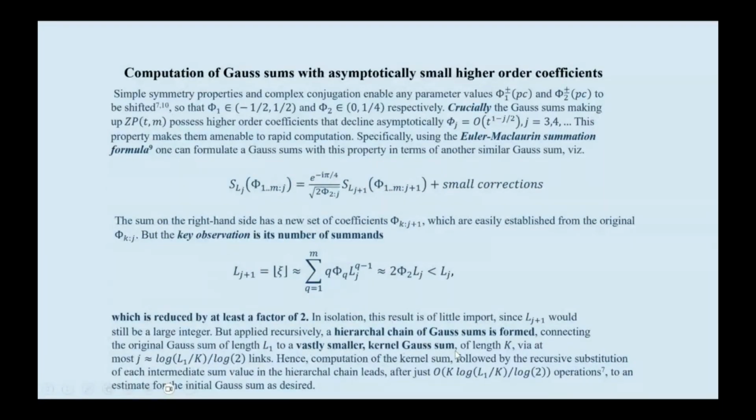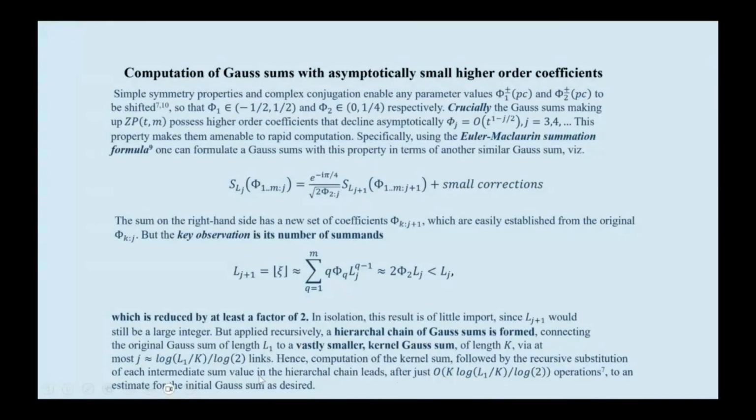Then you work out your kernel sum exactly, which of course has a vastly reduced length. And then you go back up your hierarchical chain of sums to get a value for the original sum that you're interested in. Roughly, of order K, you need K values to do your kernel sum, and then multiply this by this value J here.